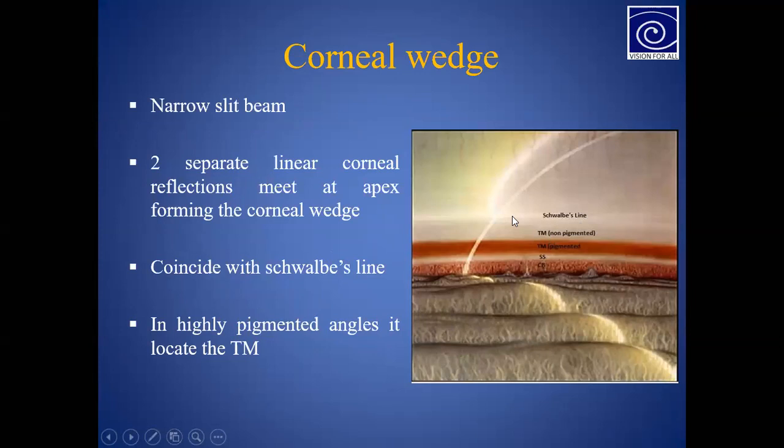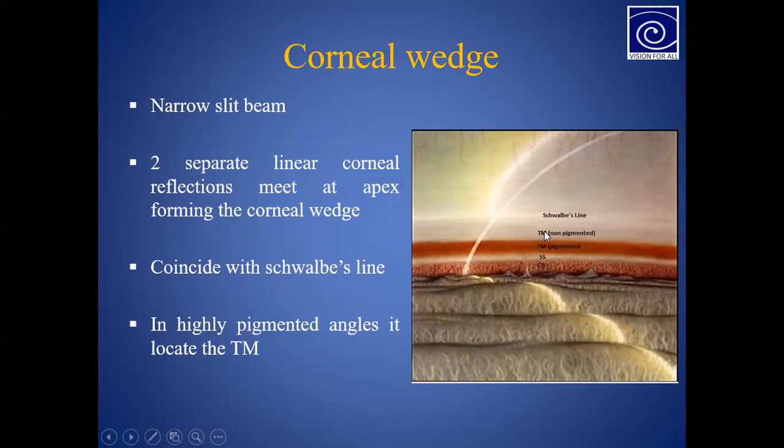You can see there is a whitish band-like structure visible here. This whitish line is called Schwalbe's line, and the trabecular meshwork, also known as the non-pigmented or anterior trabecular meshwork, is named so because we are going from anterior to posterior. So this is the anterior-most and this is the posterior-most trabecular meshwork.